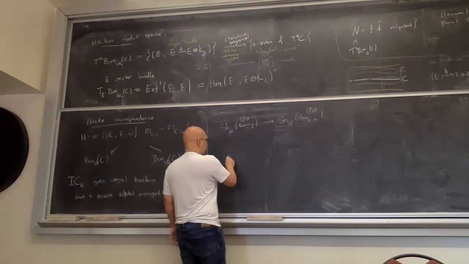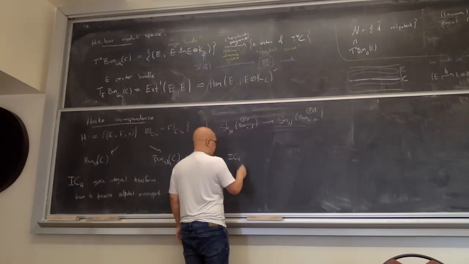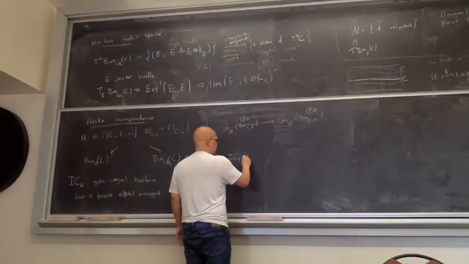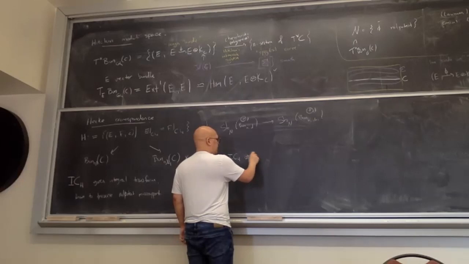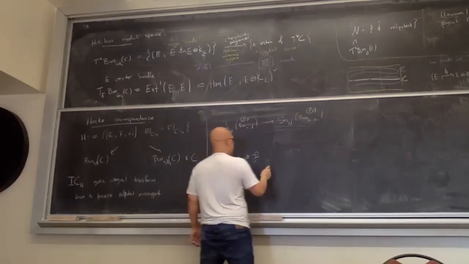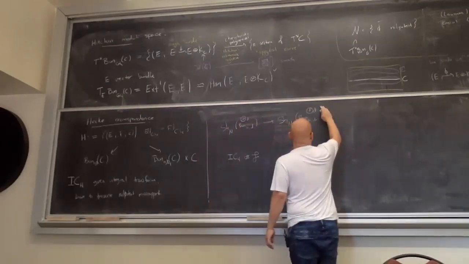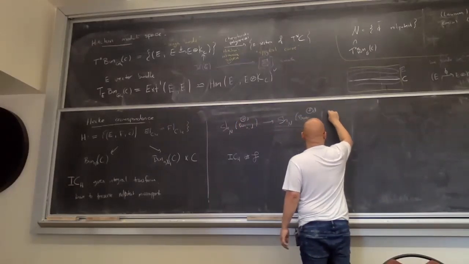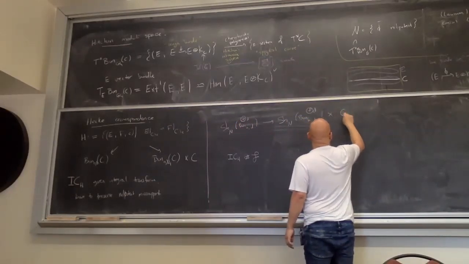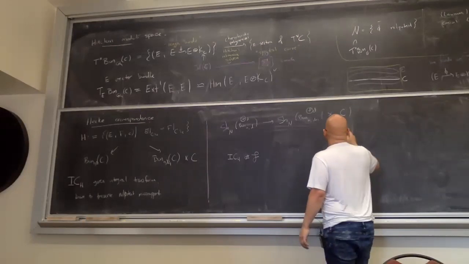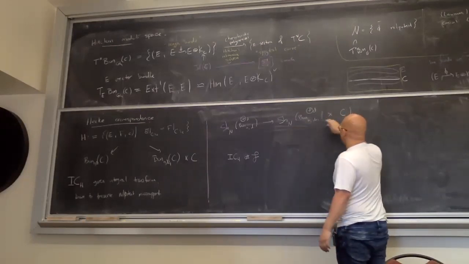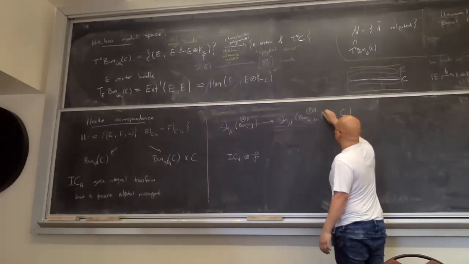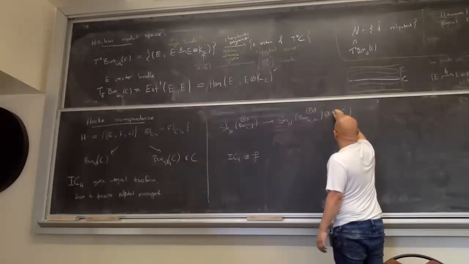It means I should take this H and ask what happens when I apply it to my mystery sheaf F. Sorry, I wrote the wrong thing here. This times C. And sheaves on this product is the same as this.